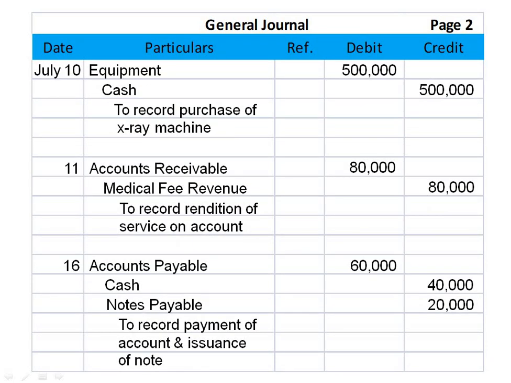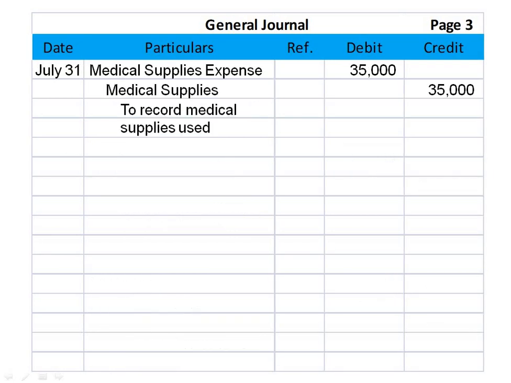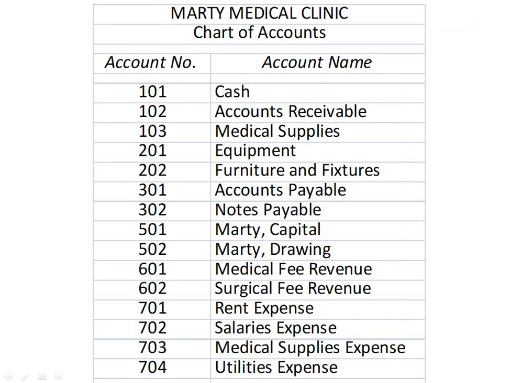Let me illustrate the posting procedure using the journal entries which we prepared for Marty Medical Clinic in parts 2 to 5 of my lecture series about recording business transactions of a service business. Assume that the account titles in Marty Medical Clinic's chart of accounts have these account numbers. By the way, a chart of accounts is a list of all the account names used by an entity in recording transactions, usually with their respective account numbers.